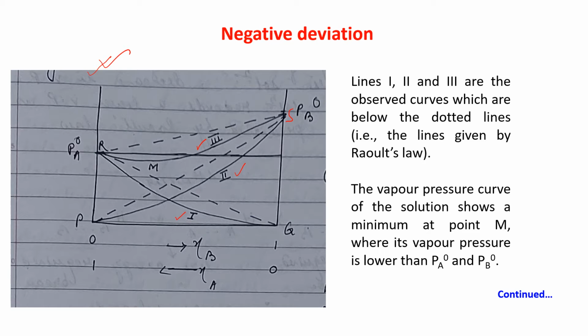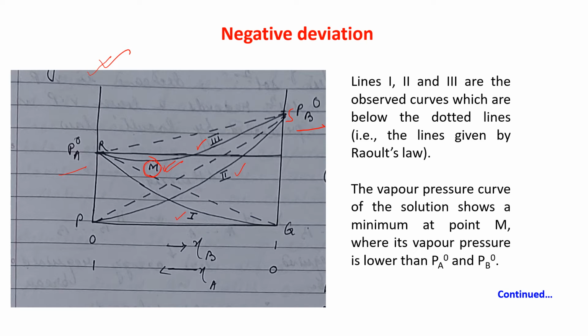The vapor pressure curve of the solution shows a minimum at point M, where its vapor pressure is lower than PB naught or PA naught, that is, the vapor pressure of the components B and A in their pure state respectively.